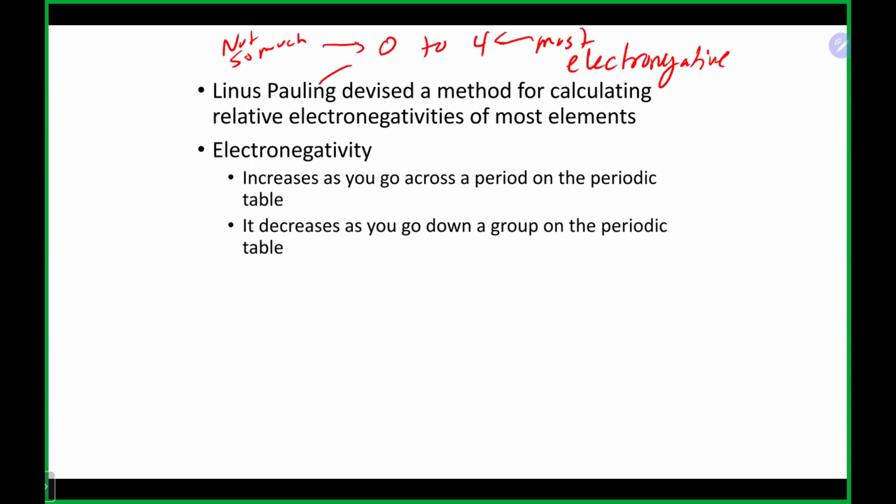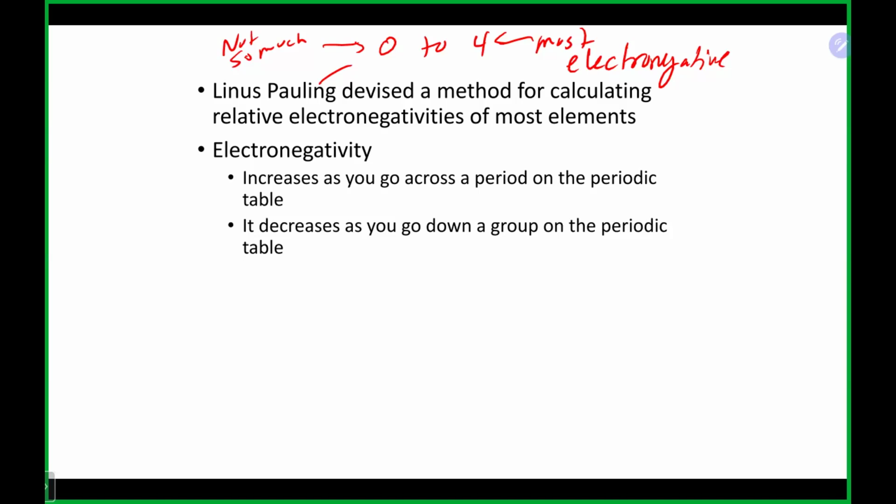So if you're at 4, like fluorine, for example, it is the most electronegative, and 0, not so much electronegativity. You're not really looking to bring electrons towards yourself. Now, we could use the Pauling scale, as we will see here in a second, to help us decide what type of bond we would expect to occur.